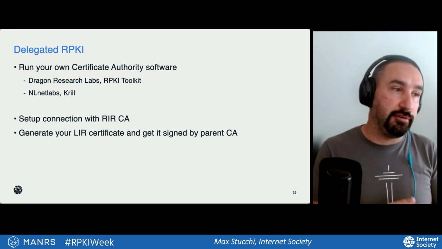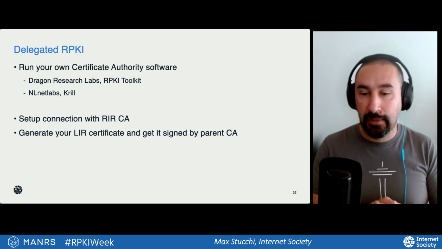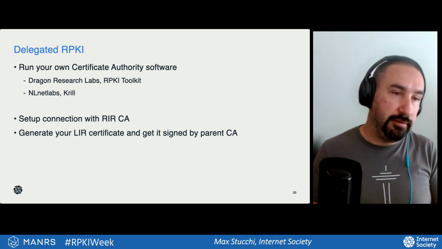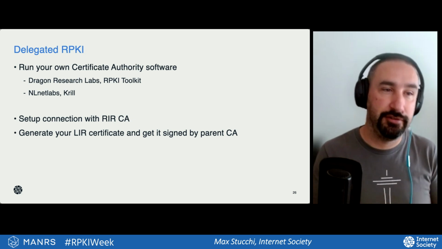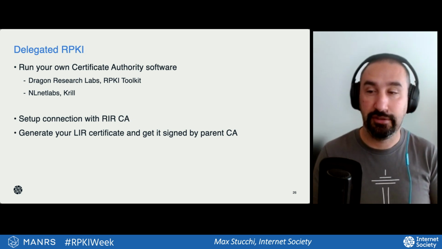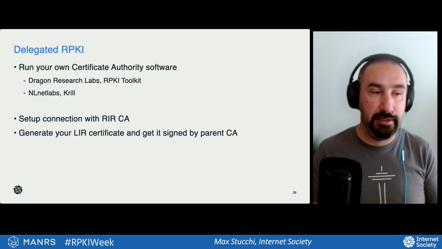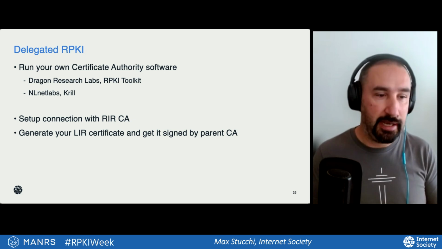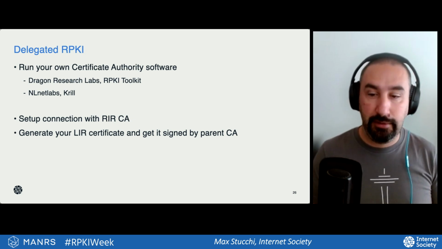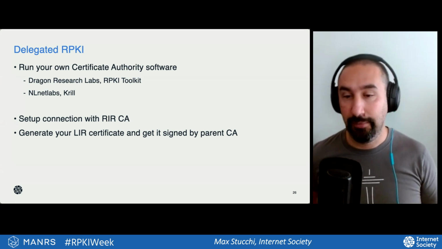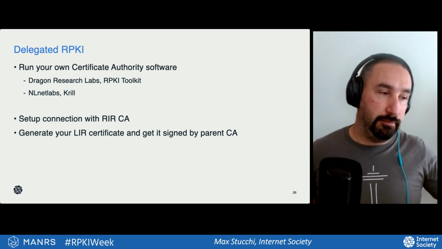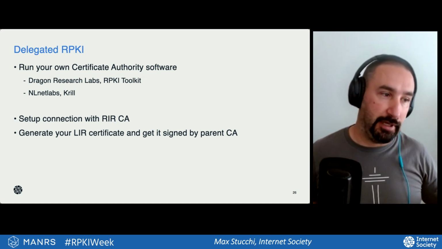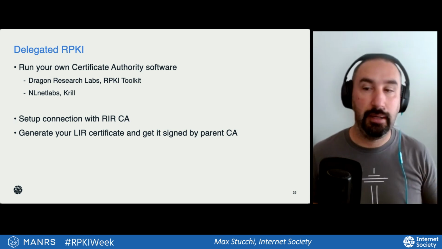What's tricky about running delegated RPKI? It's not that complicated, but the tricky part is that, of course, you have additional software to take care of. You have an additional system to monitor. You have additional actions. And then you also have to make a choice. Because you create your ROAs, you create your information, but then you have to publish it.